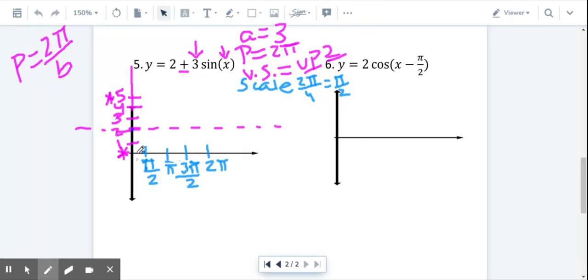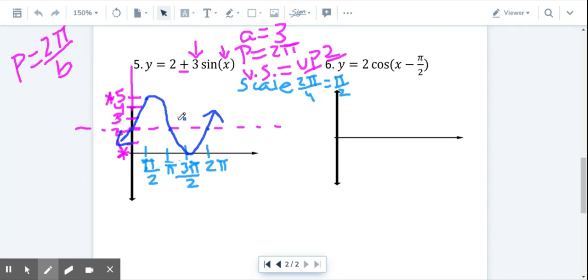It helps us figure out where the new x-intercept is. So then I go to a maximum point, which is where my asterisk is, then x-intercept, then minimum, and then x-intercept. So now I can graph my function. And that is one cycle of the function.